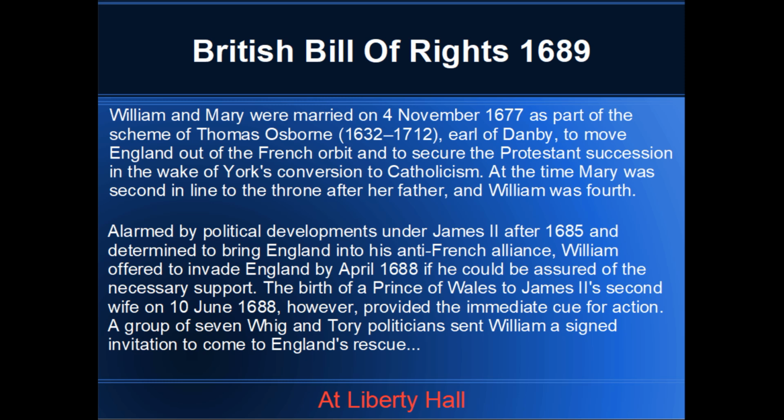Alarmed by political developments under James II after 1685 and determined to bring England into his anti-French alliance, William offered to invade England by April 1688 if he could be assured of the necessary support. The birth of a Prince of Wales to James II's second wife on 10th June 1688, however, provided the immediate cue for action.